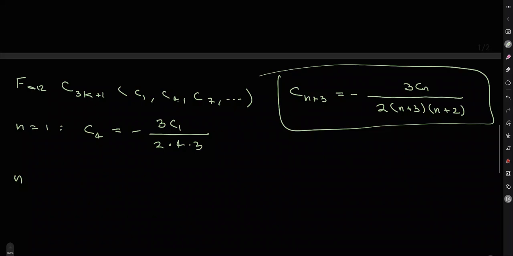For n equals to 4, that equals c sub 4 plus 3, that is c sub 7, and that equals to negative 3 c sub 4 divided by 2 times 4 plus 3, that is 7, times 4 plus 2, that is 6.